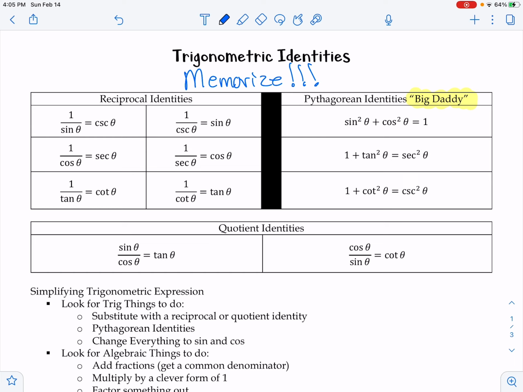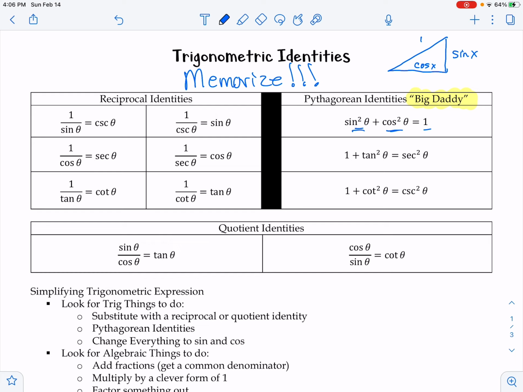All right. If you think about your triangle, you're on your unit circle. This direction is the cosine. This is the sine. Sorry, can't write. This is the sine. If you do the Pythagorean theorem, a squared plus b squared equals c squared, you get cosine squared plus sine squared equals 1.